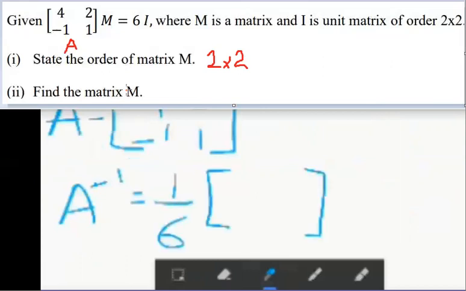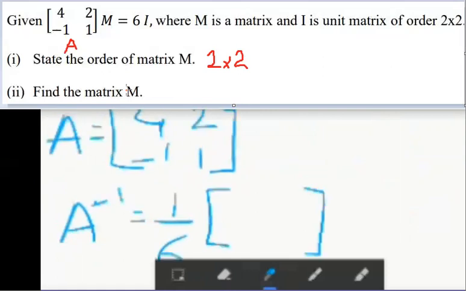We know a very simple method to find the adjoint of a 2 by 2 matrix. You swap the diagonal elements. The diagonal is 4, 1, you make it 1, 4, and then you make the non-diagonal elements the negative of what they were earlier. So if this is a positive 2, you multiply it by negative 1, so it becomes a negative 2, and this negative 1 becomes a positive 1. So you just change the signs of the non-diagonal elements.